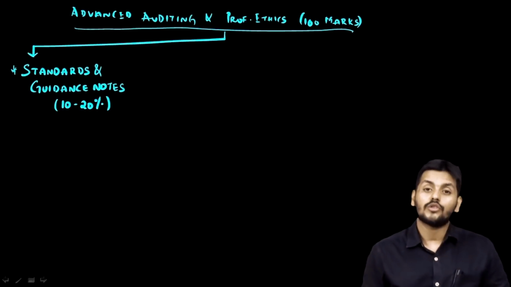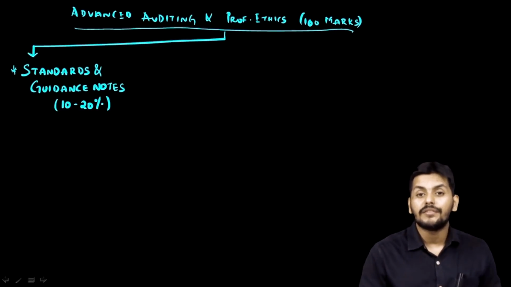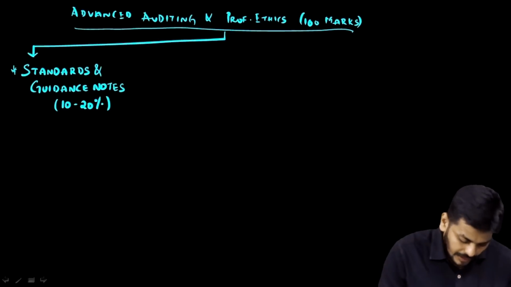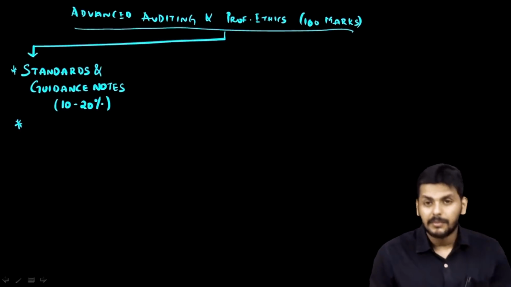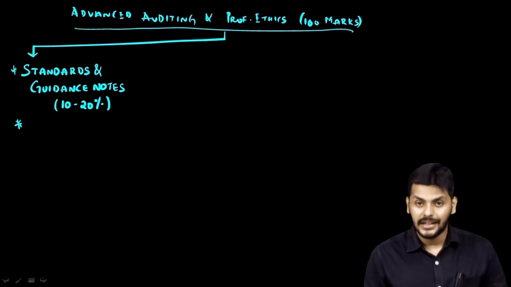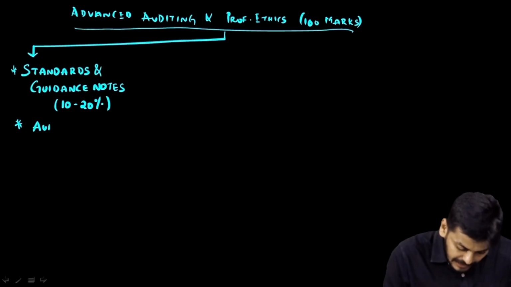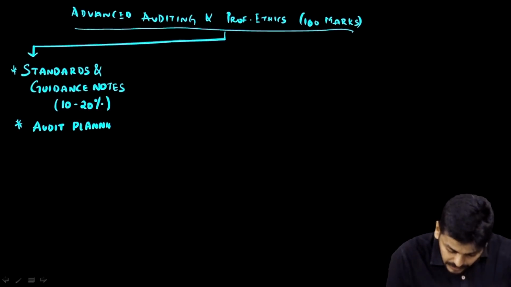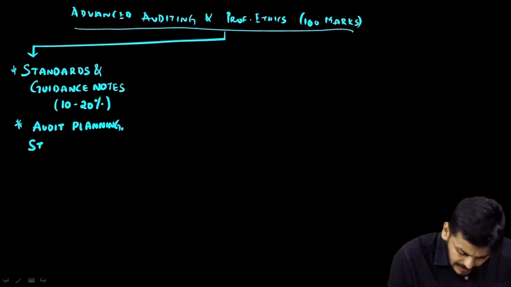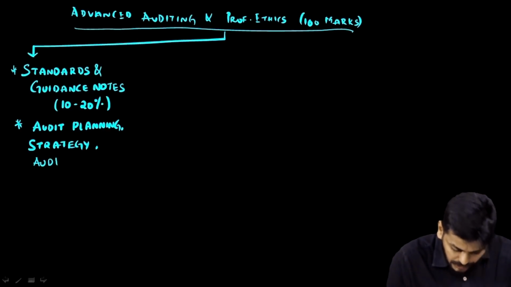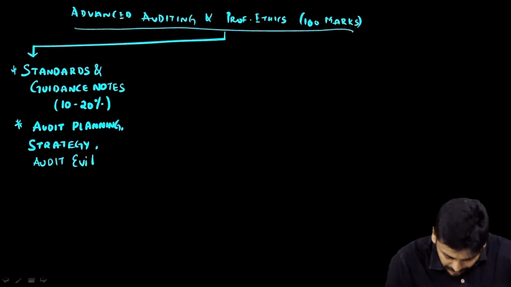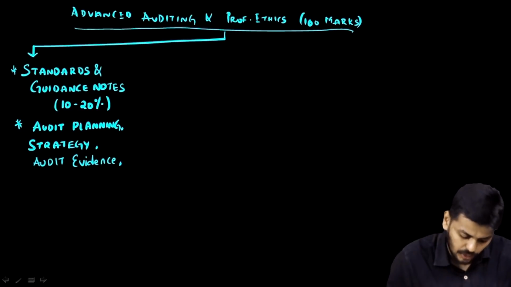In the same thing, when you talk about standards, we have standard number 300, standard number 320, and all this discussion is also part of your syllabus, but most of which you have already studied in CA Inter or CPT. So you have topics like audit planning, audit strategy, audit evidence, and all the relevant standards about audit evidence.